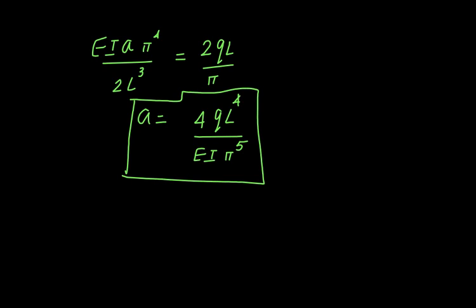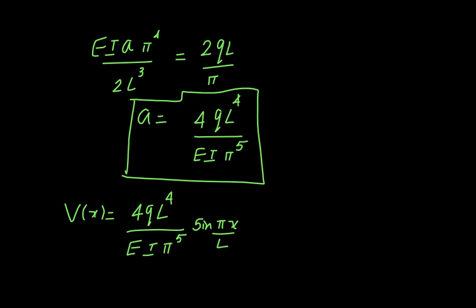Go ahead and do the next step, which is the last step. Substitute the value of A in the trial solution. So the trial solution is v of x is equal to A into sine pi x over L. So now it is 4QL raised to the power 4 divided by EI into pi raised to the power 5 into sine pi x over L. Find out the value of 4 divided by pi raised to the power 5. So I'm using my calculator.